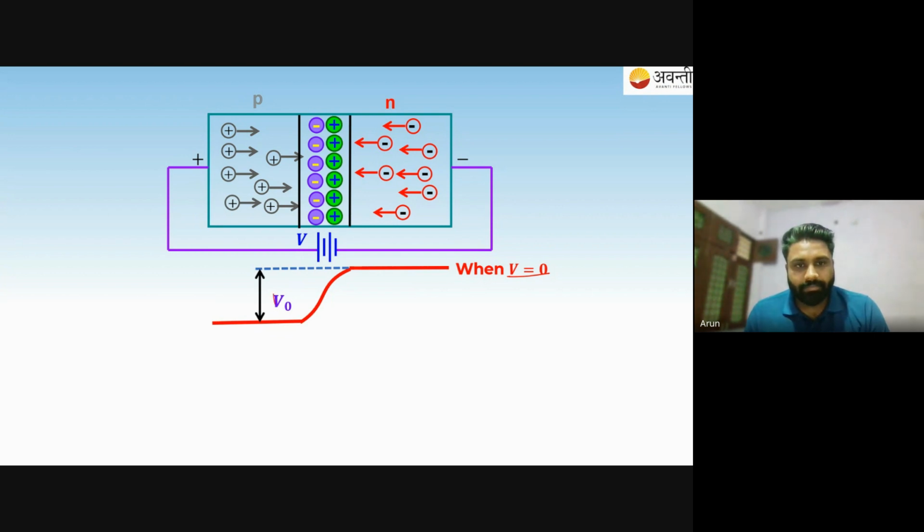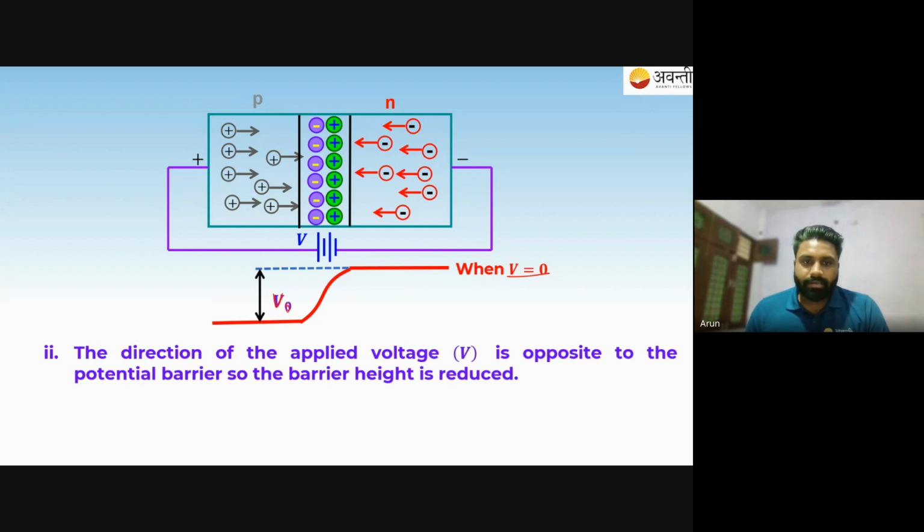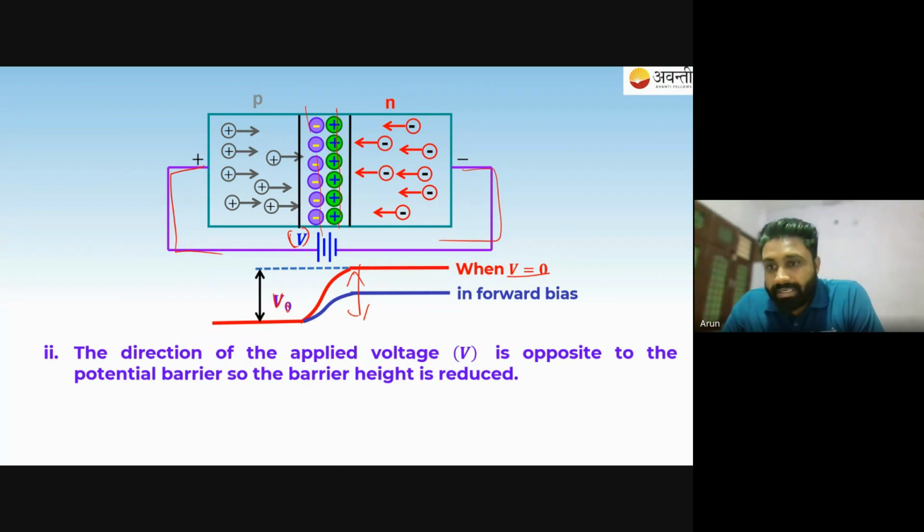But when we apply a potential V by a battery, the width of the depletion layer decreases. The width of the depletion layer is directly represented by this V naught, which means after the application of the battery in forward biasing condition, the width is reduced.